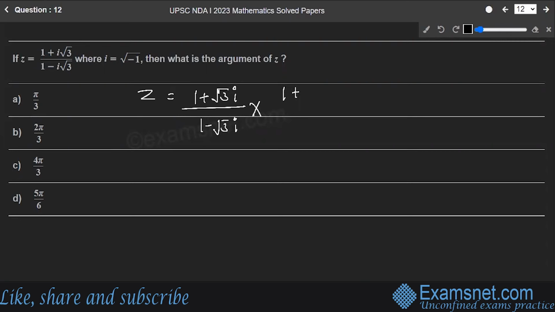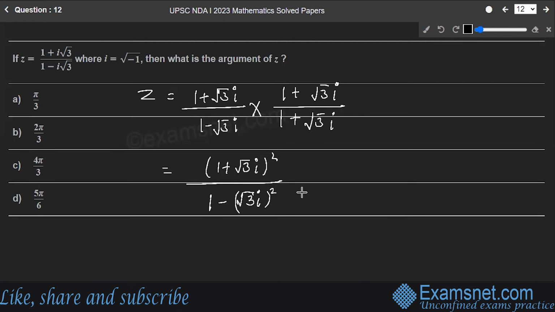So this will be (1 plus root 3 iota) upon (1 plus root 3 iota), which will give you (1 plus root 3 iota) squared upon (1 minus root 3 iota) squared. This is equal to a squared plus b squared, which is 1 minus 3 actually, plus 2ab upon 1 plus 3, which is equal to 4.